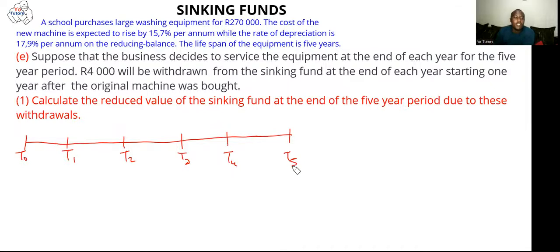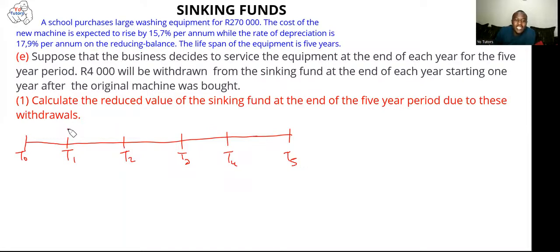Now, what happens is that we are saying how much is being withdrawn? 4,000. So when you withdraw 4,000, you not only withdraw 4,000, but you also withdraw the interest that it was going to earn if it was to stay in the bank. So when we are withdrawing that money, it's supposed to be growing as well.